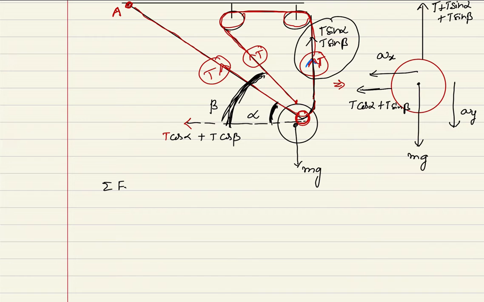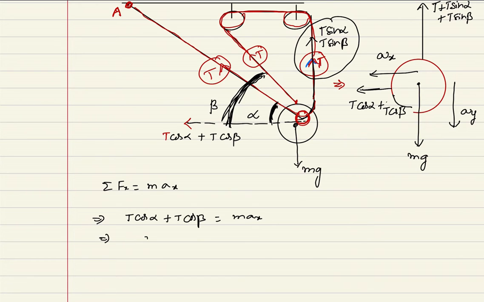As you know, the summation of Fx is equal to m into ax. I am writing the net force acting along the x-axis as T cos alpha plus T cos beta is equal to m into ax.